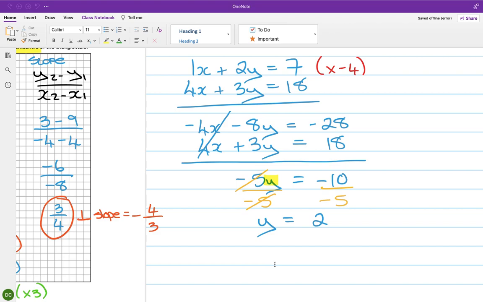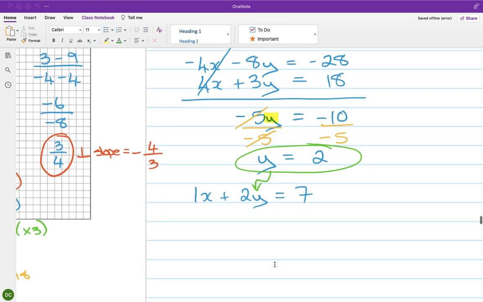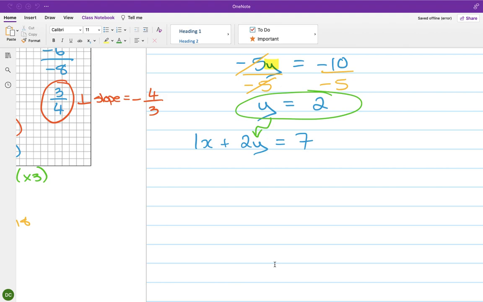And then if I take the first one, so 1x plus 2y equals 7. And we're going to do 1x plus 2 times 2 equals 7. 1x plus 4 equals 7.